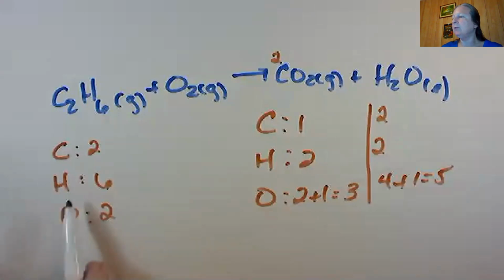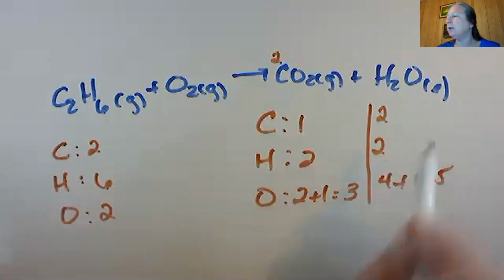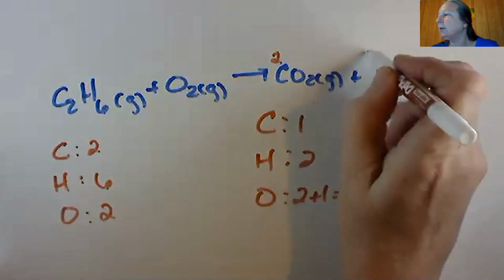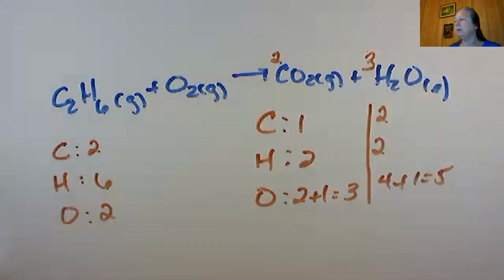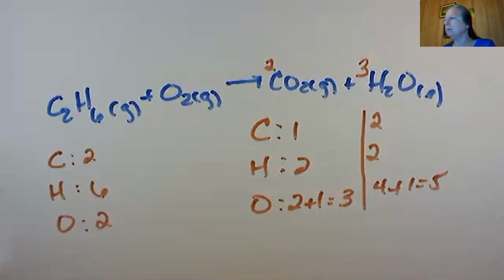I have 6 hydrogens over here. I only have 2 over here. So I have to multiply this times 3. And now I've changed it and I have no room. So how am I going to do this? All right, let me just try to move over.